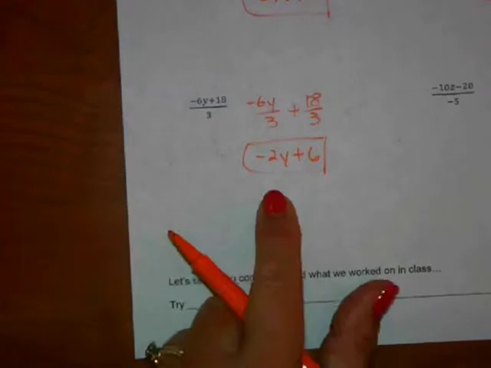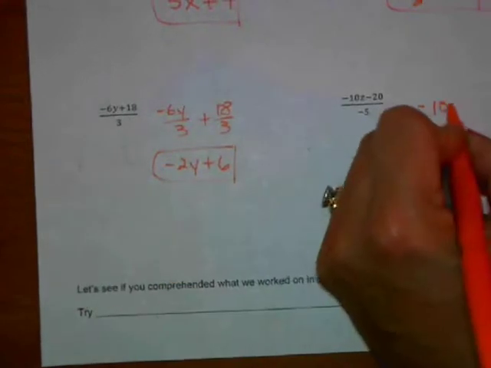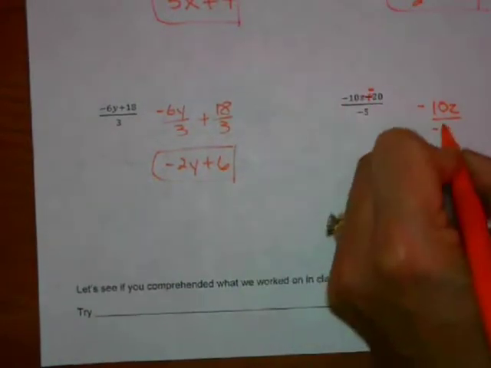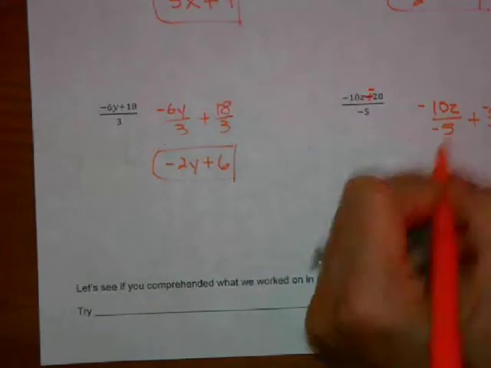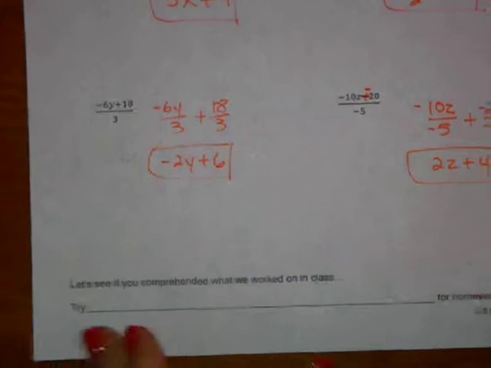Okay, take a look. Did you get this? If not, check it out, and let's do this last one. Changing this to adding a negative. 2z plus 4. Hopefully you got that for the last one.